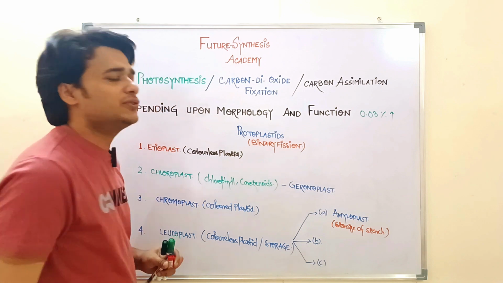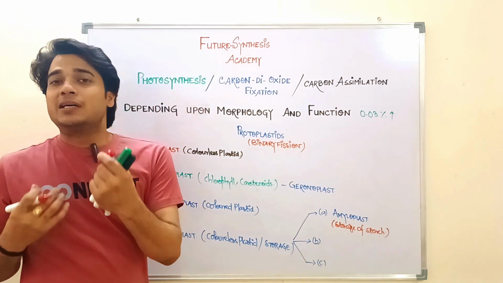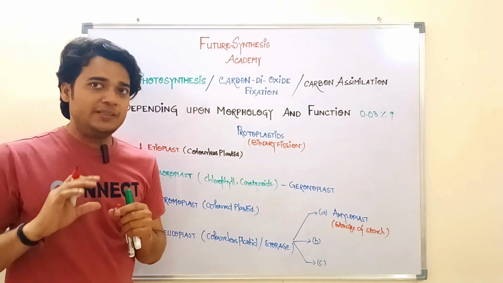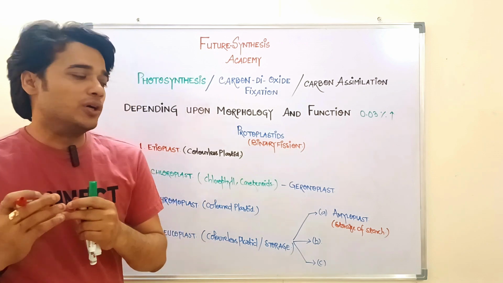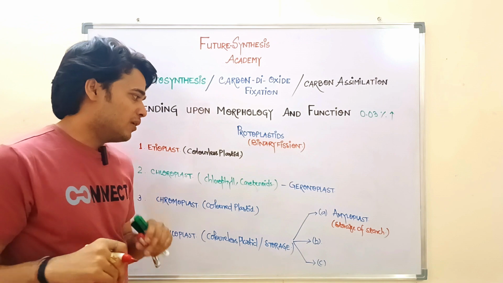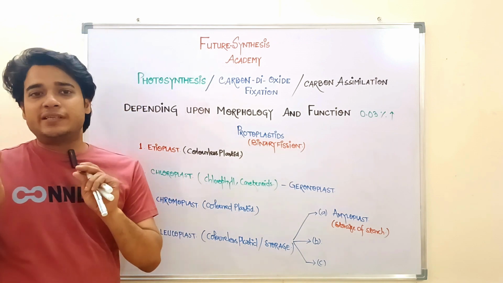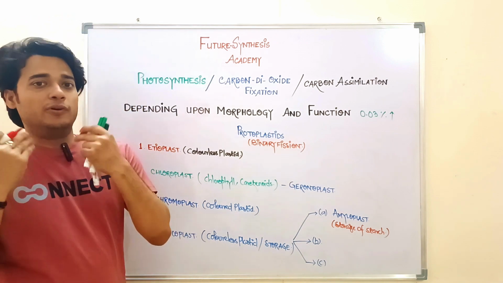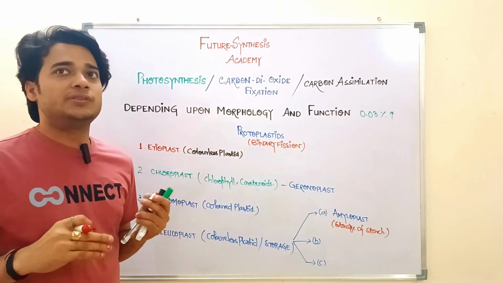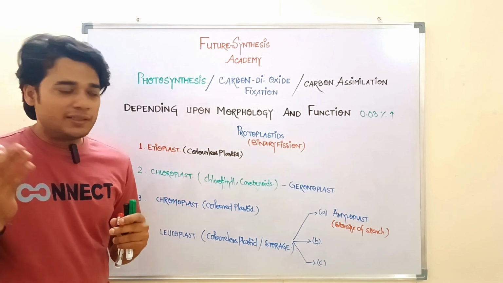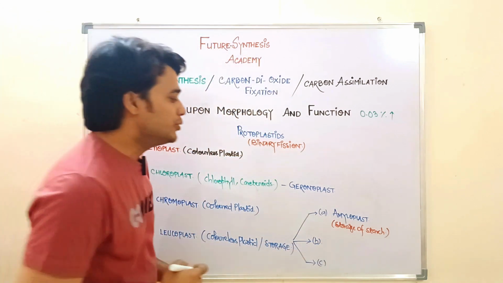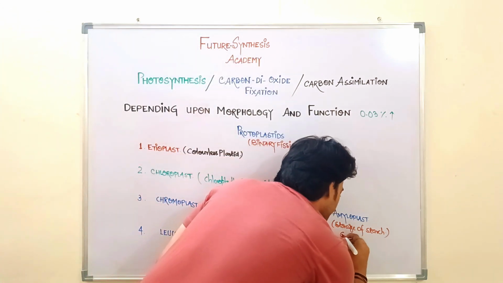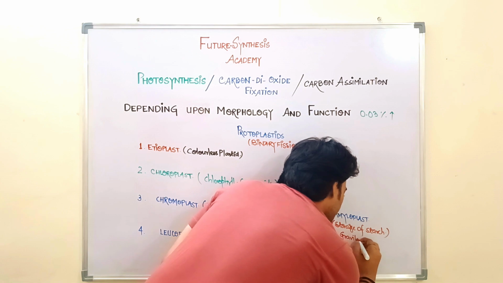This amyloplast is also responsible for detection of gravity, in terms of gravitropism. Like the leaf performs photosynthesis by detecting light, in that way the amyloplast also detects gravity.